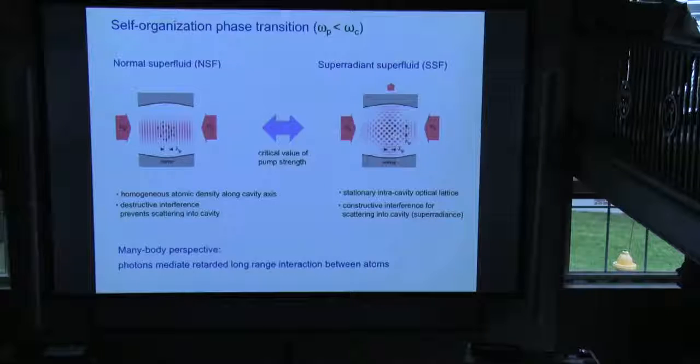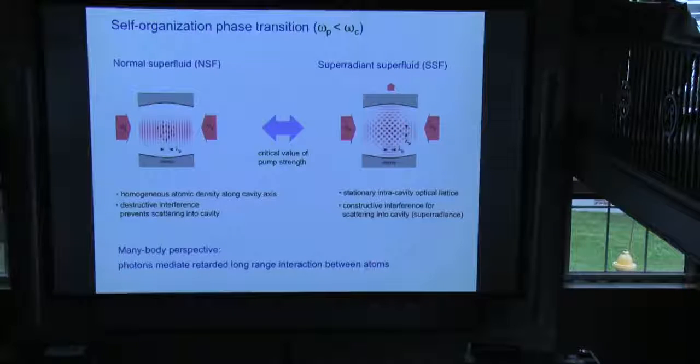At a certain strength, scattering sets in, and the interference between the standing wave being built up in the cavity and the one that you have externally applied leads to this kind of checkerboard type lattice. And this is associated with a homogeneous atomic density along the cavity axis, while here you have a stationary intracavity optical lattice.